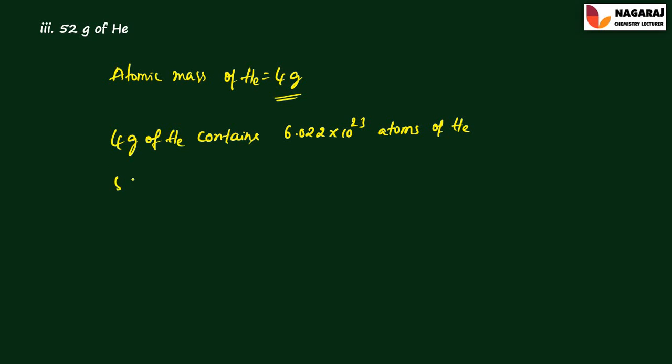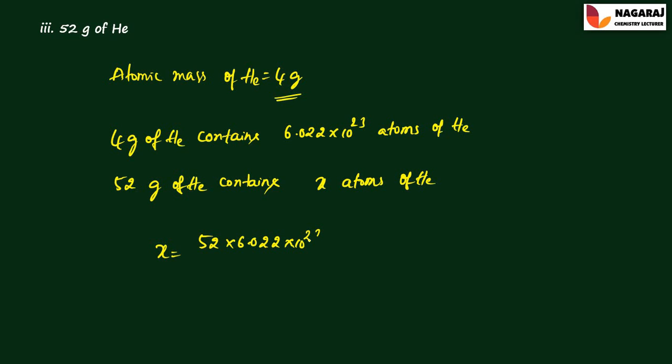So we have to calculate how many atoms are there in 52 grams of helium. So 52 grams of helium contains X atoms of helium. So X is equal to 52 into 6.022 into 10 to the power 23 divided by 4. That is, on simplification, it gives 7.83 into 10 to the power 24 atoms.